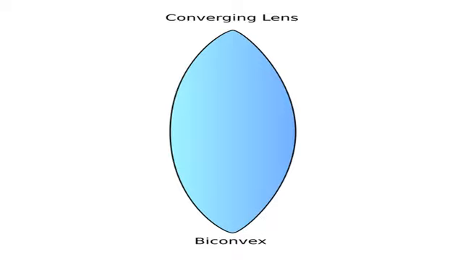In this diagram, you can check the two curved surfaces are bulging out. It is a convex lens. It is also converging in nature. That is, the light rays after passing through a convex lens get converged at a point. Hence, it is also known as a converging lens.